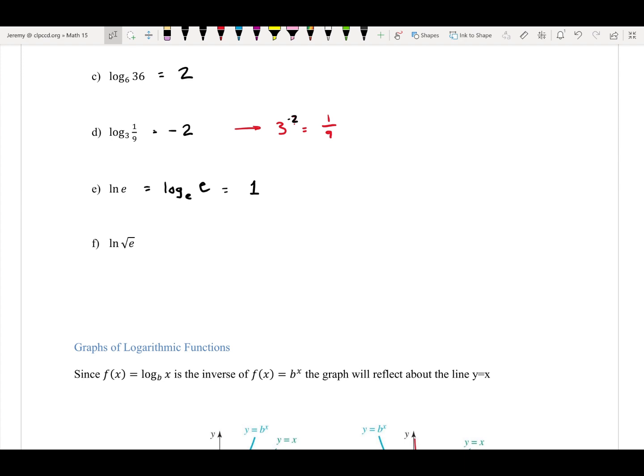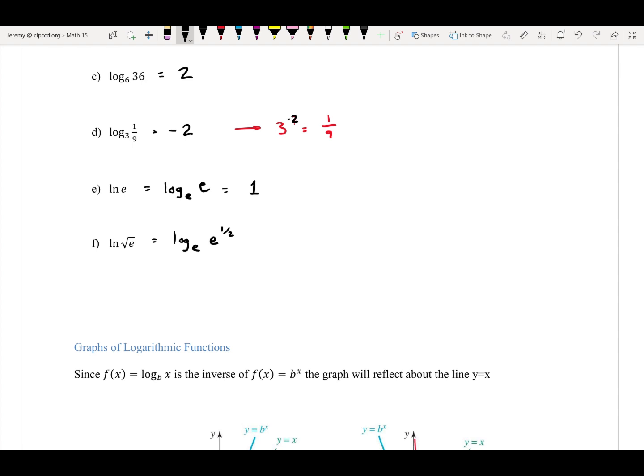This next one has a little more to it. For f, we're looking at the natural log of the square root of e. So again, this is log base e. And I won't write this out like this every time. At a certain point, you're just expected to understand that the natural log is log base e. I'm also going to rewrite this e as e to the 1/2 power.